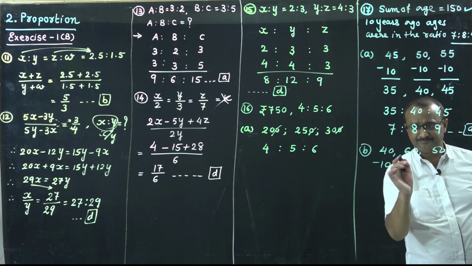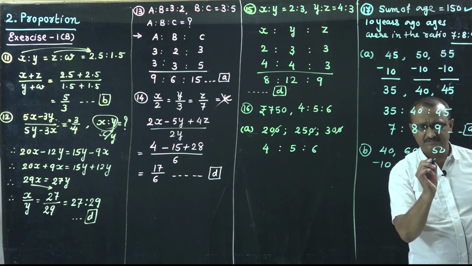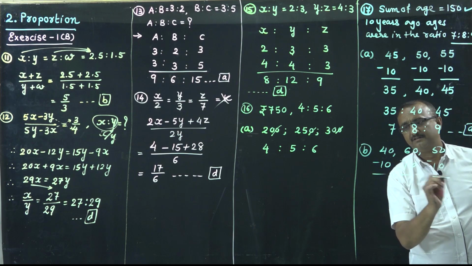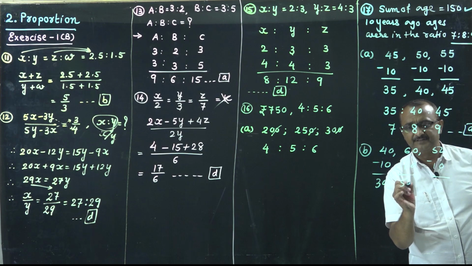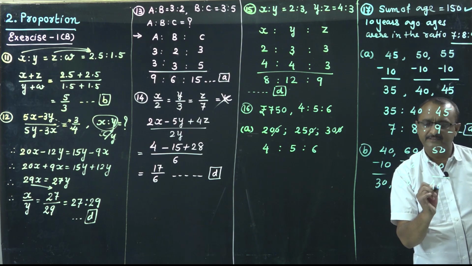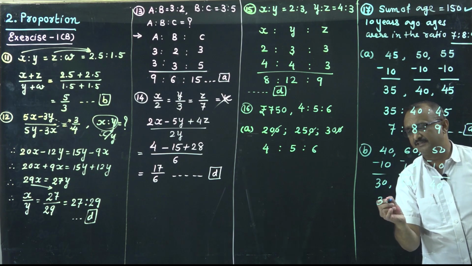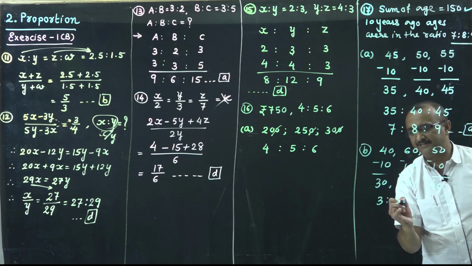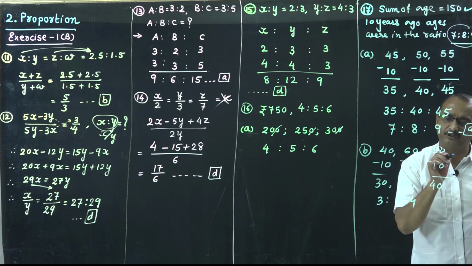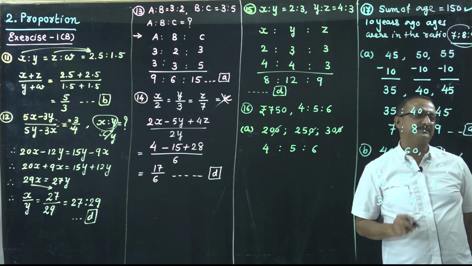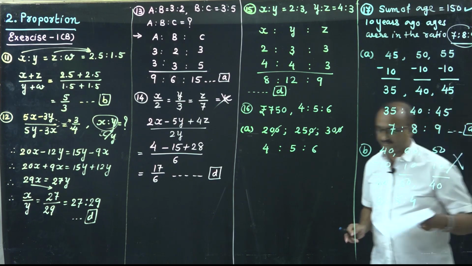Subtract 10 from these 3 numbers. We will get 30, 50 and 40. And the ratio is 30 means 3, 5 and 4. So does 7:8:9 come? No, it doesn't come, so option B is a wrong option. Our option A is correct. Okay.